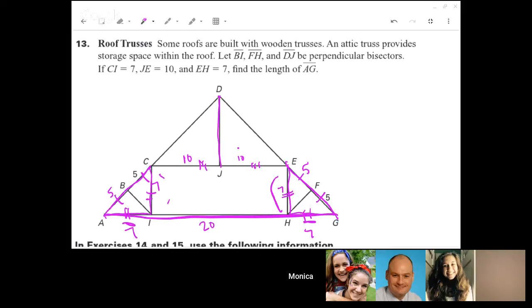Does that make sense? Do you see that? So now we can just add those together, 20 and 14, and get 34. Did that help?